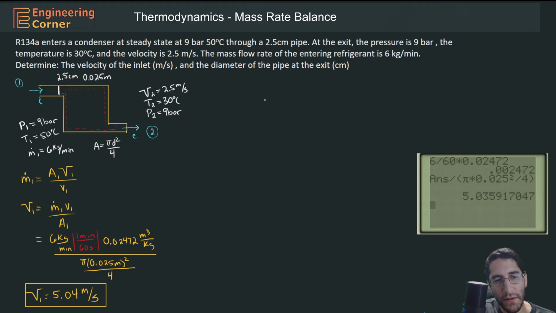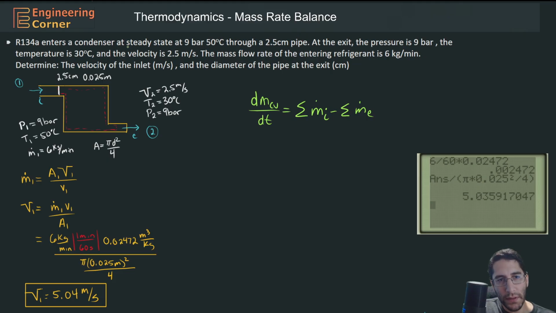So we need to look at our mass rate balance. This says that the change of my mass in my control volume with respect to time is going to be equal to the sum of my mass flow rate that's entering minus the sum of all my mass flow rates that are leaving.